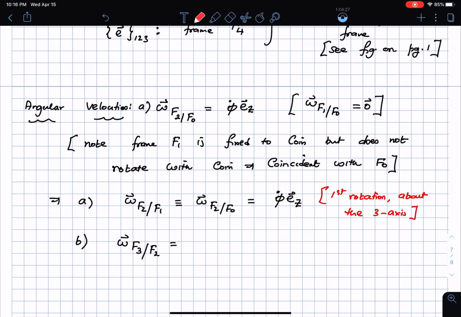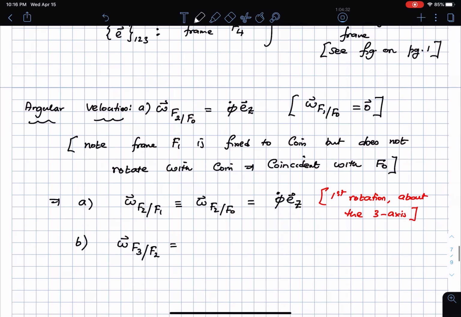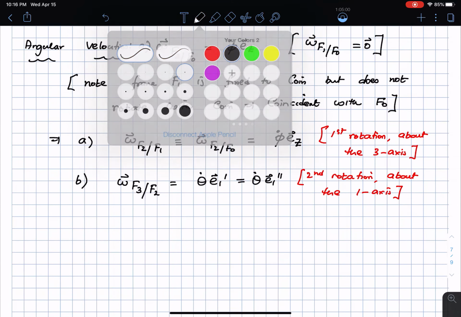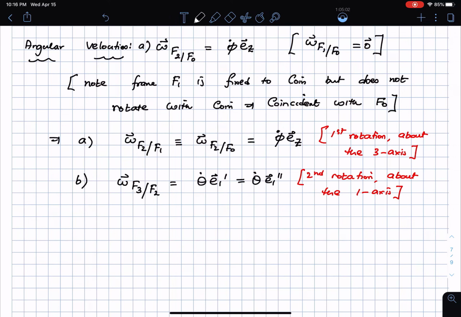Then I have omega of F3 slash F2, the second rotation, which is going to be theta dot in the E1 prime direction, which is the same as the E1 double prime direction. This is the second rotation, about the 1 axis.